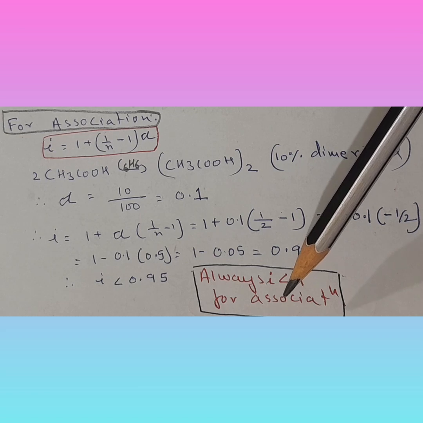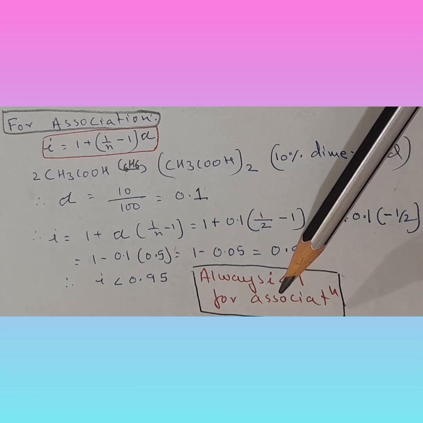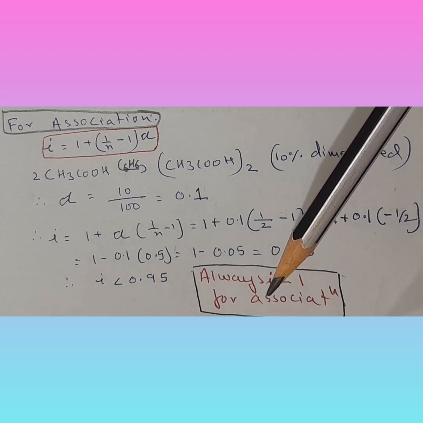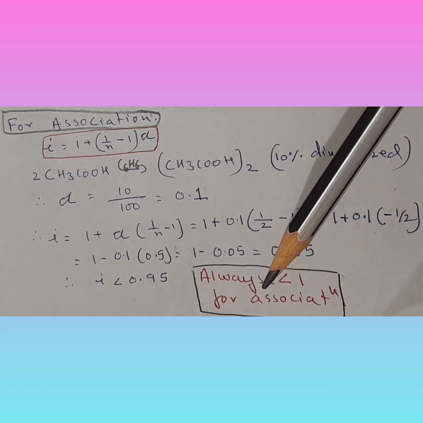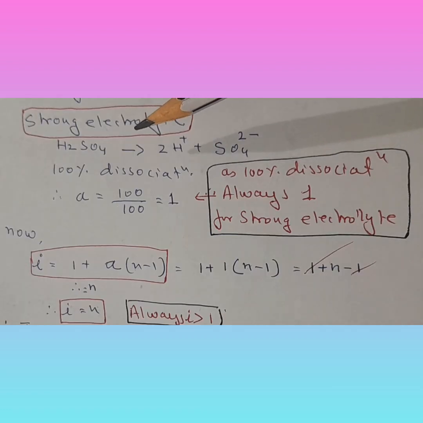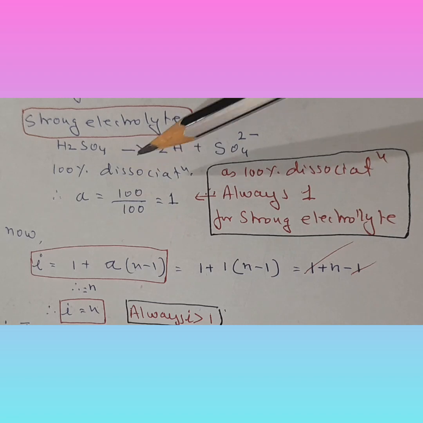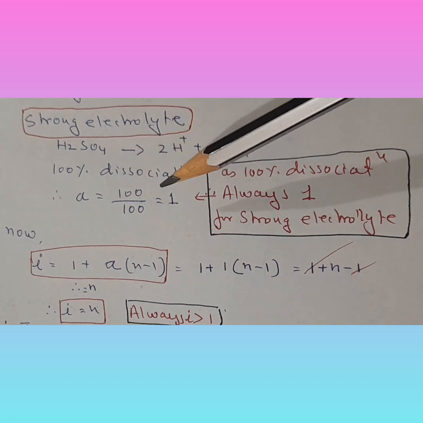And another thing we saw is that strong electrolytes dissociate totally, whereas weak electrolytes dissociate weakly. So that's how the calculations are to be done for Van't Hoff factor. Another significant point is that whenever you are dealing with a strong electrolyte, the number of dissociated ions is the value of i, the Van't Hoff factor. So please don't waste your time using the formula and calculating. Directly jot down the number of ions.